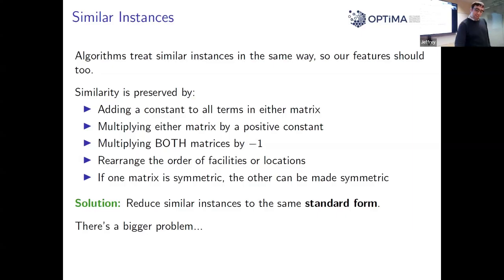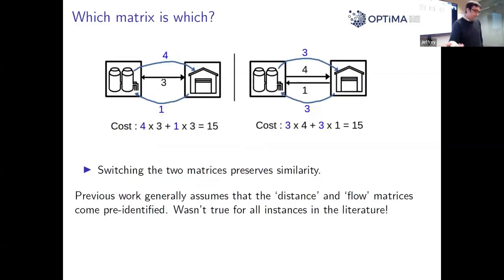But there's a bigger problem than everything in this list, which is that, as I alluded to earlier, the distances and the flows are interchangeable. We can think of the quadratic assignment problem as a problem where we assign facilities to locations. We could also think of it as a problem where we assign locations to facilities, and the model's exactly the same. And if you open a quadratic assignment problem data file in QAPlib or anywhere else, it just gives you 2 matrices.